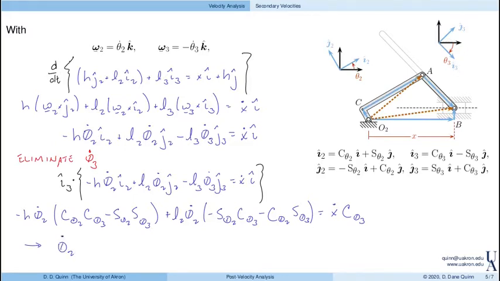And we get the following. I'm going to make use of some angle addition formulas. This is cosine of theta 2 plus theta 3. This term is minus sine of theta 2 plus theta 3.